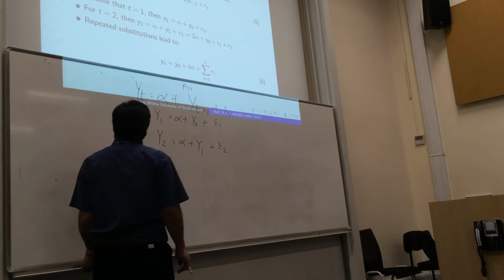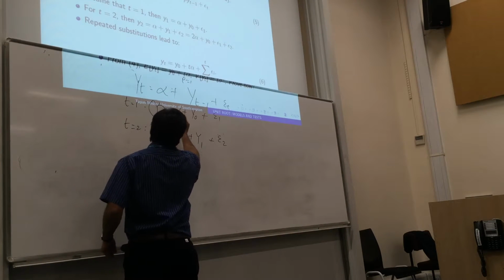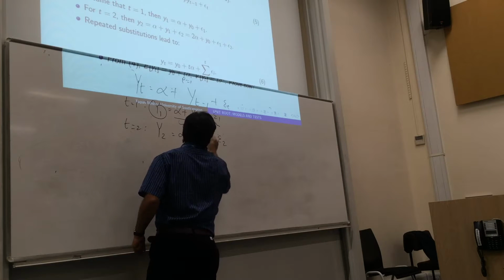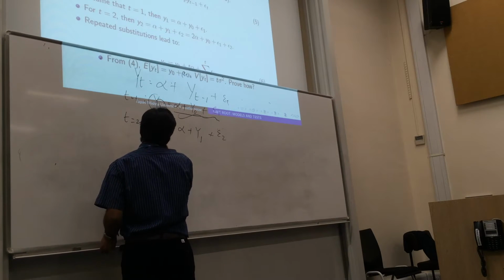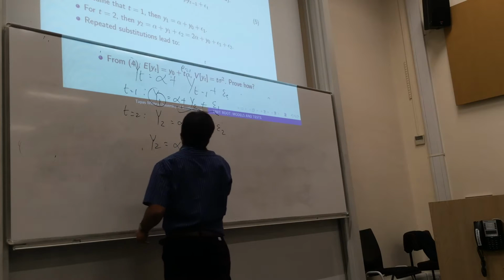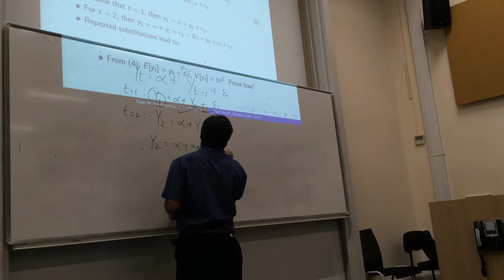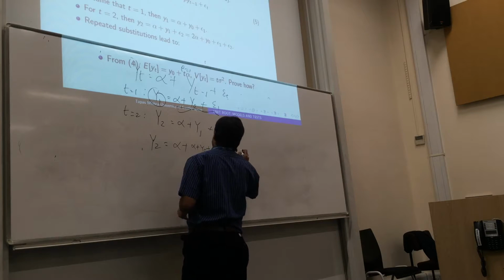Okay? And so what I can do here, y1 equal to this much, I replace it here. So I can express y2 equal to alpha plus alpha, plus y0 plus epsilon 1, plus then I have epsilon 2.